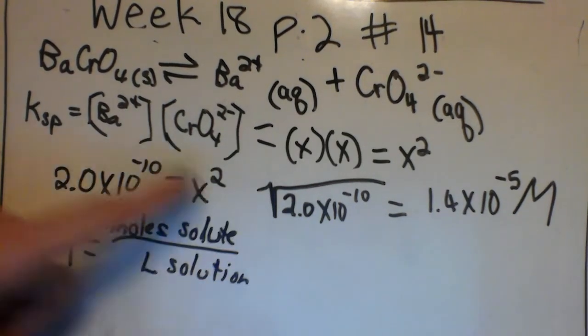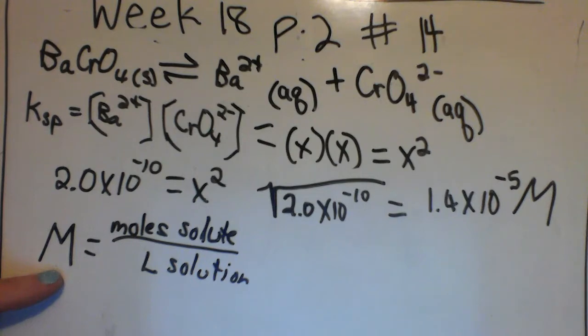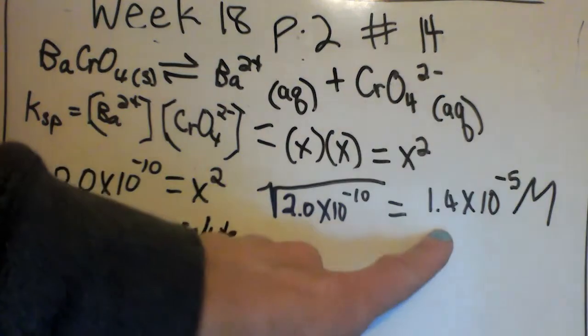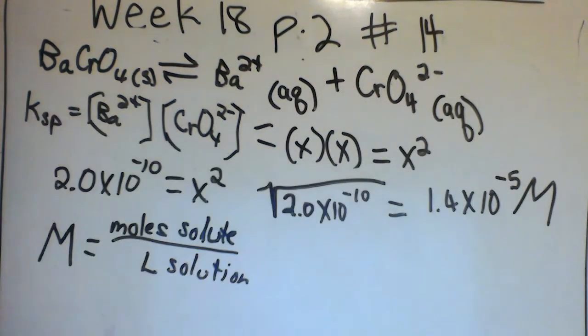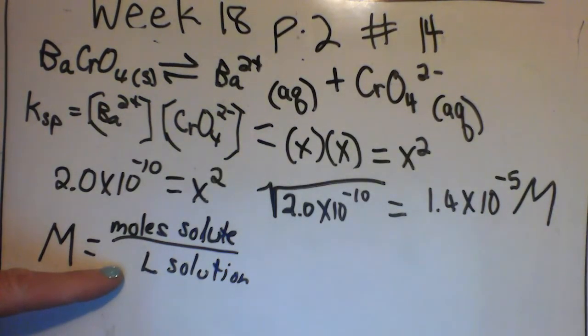Here's our molarity equation. The problem has given us some of the numbers. We found here that the molarity is 1.4 times 10 to the negative 5th, and the problem told us that there is 1 liter of solution.